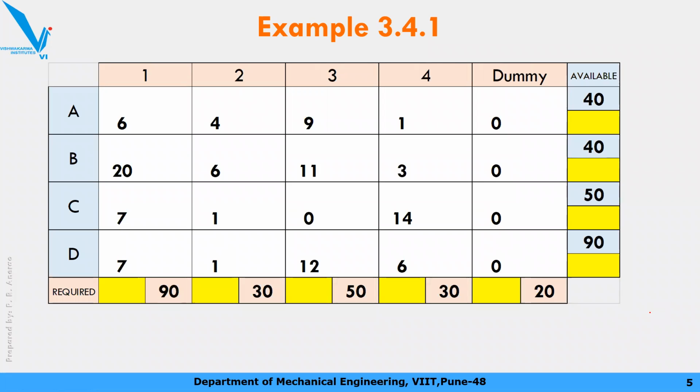Otherwise, the remaining students can attempt the solution for this numerical. Take a screenshot, prepare a table in your notebook and try to solve this using Vogel's approximation method. Get the initial basic feasible solution. After 1 minute, I'll start my explanation regarding Vogel's approximation method.